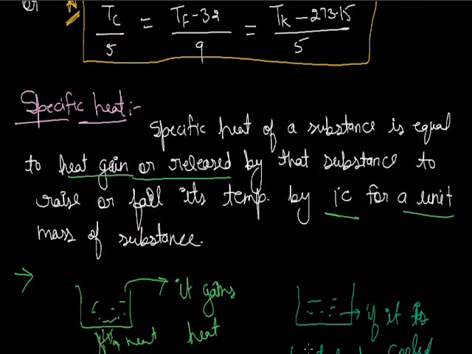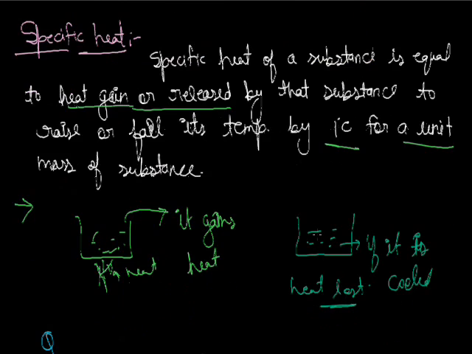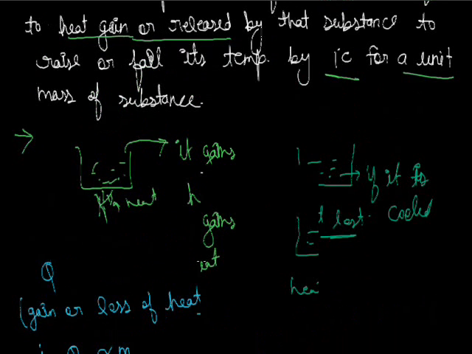Here, the specific heat of a substance is equal to the heat gained or released by that substance to raise or cool its temperature by 1 degree Celsius. For raising 1 degree Celsius, how much heat is gained or released by that substance? That is known as specific heat. This is also for a unit mass of a substance.